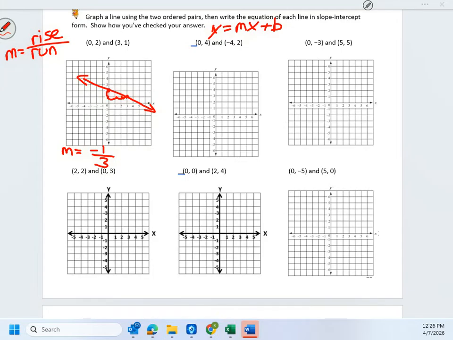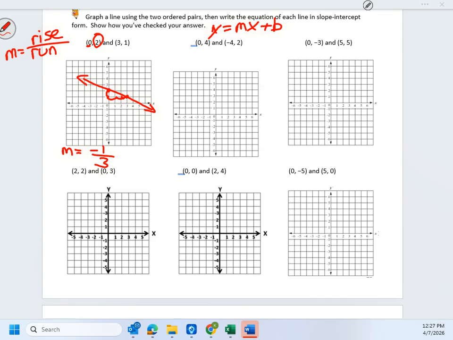The y-intercept, I need to figure out that b. How do I know what my y-intercept would be? Colton? Is it where the y crosses the y-axis? Yeah, it's where the line crosses that y-axis. Remember, x is always 0 for that y-intercept. So I know I'm going to put that 2 in for the b, right?